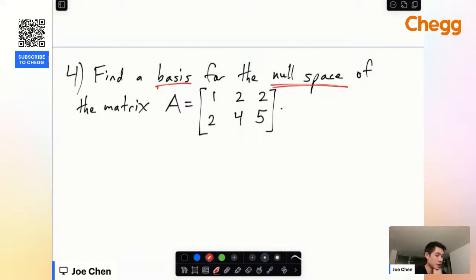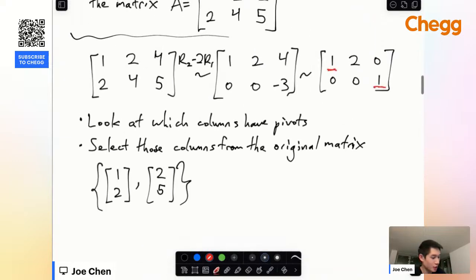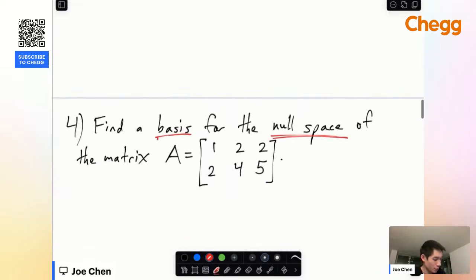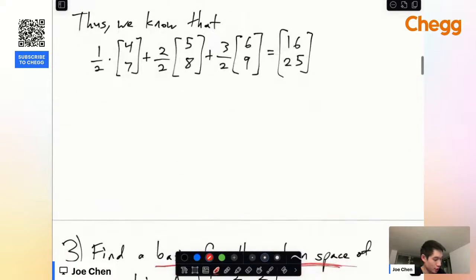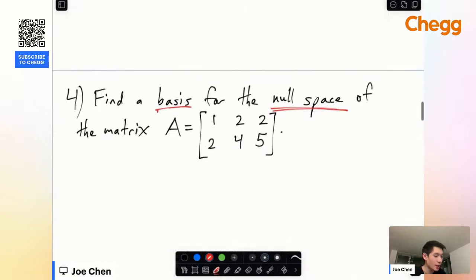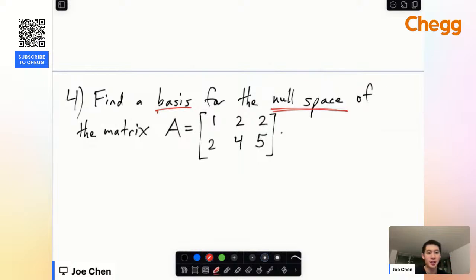So let's do this example problem. It's the same matrix as above. We'll do this example, and then we'll compare the similarities and differences.